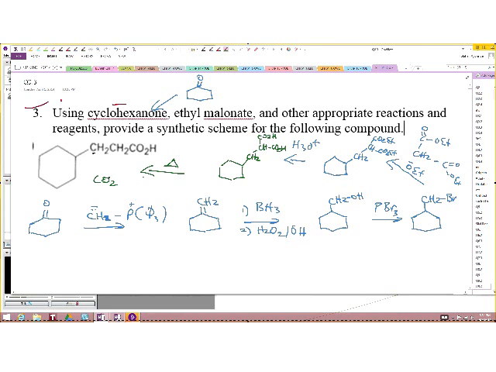So in this particular problem, you need to know your reagents, and then simply know how to use those reagents. This is where you really have to think critically. Is there any question on this before we move on? Yes, it's going to release carbon dioxide.